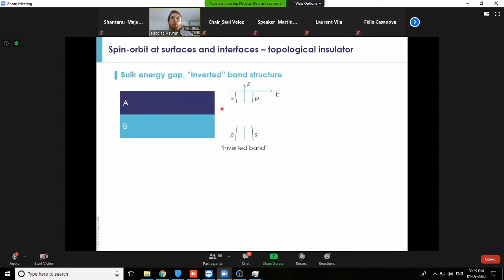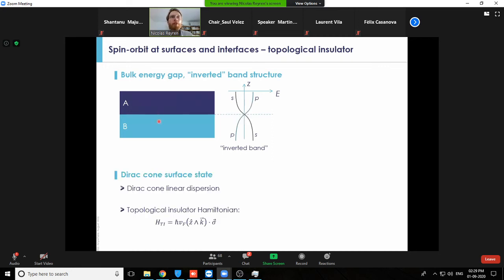Now, how do you use these topological insulators to produce this spin current? Well, let's assume B is a topological insulator, and A is a trivial insulator or vacuum.